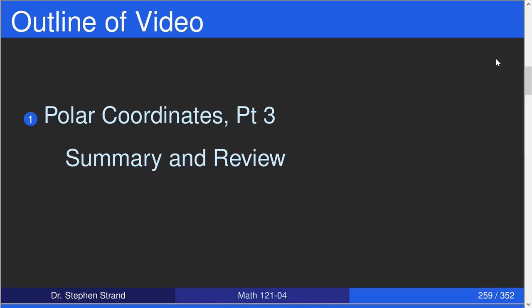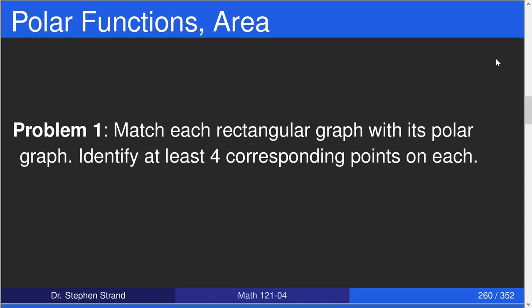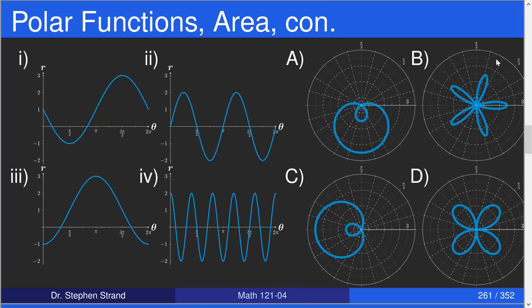One of my favorite ways to do this is to try to match rectangular graphs with polar graphs. I think this is a great way to make sure that we understand what we're trying to do here. What I'm going to give you are 4 rectangular graphs and 4 polar graphs, and I want you to pause the video and take a few minutes to try and match them up.